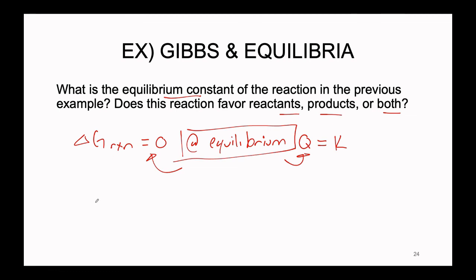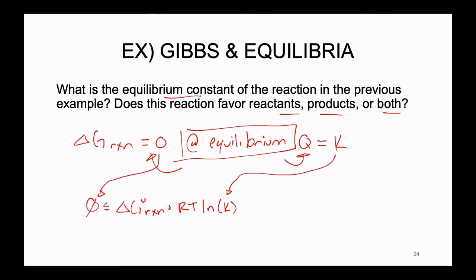which means that in your Gibbs free energy equation, where your delta G is equal to 0, you have a delta G naught of reaction plus R times T times natural log of K, right? At equilibrium, Q is equal to K, which means we can plug K into this equation here, as we have also inserted 0 for our Gibbs free energy.